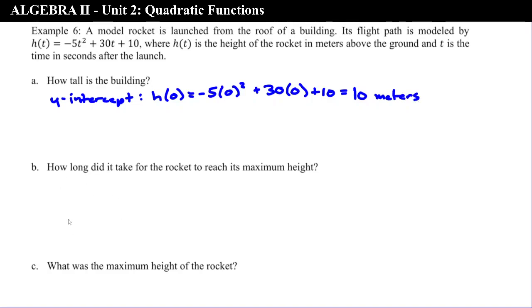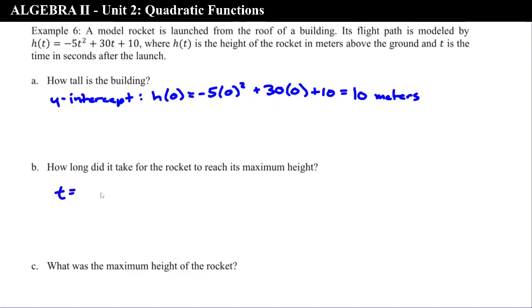How long did it take for the rocket to reach its maximum height? Well, for this, we have to think about where the rocket is. If it's at its maximum height, then it's at the vertex of the parabola. And since time is along the x-axis, then we can find our axis of symmetry to find that x value, or in this case, it would be our t value.